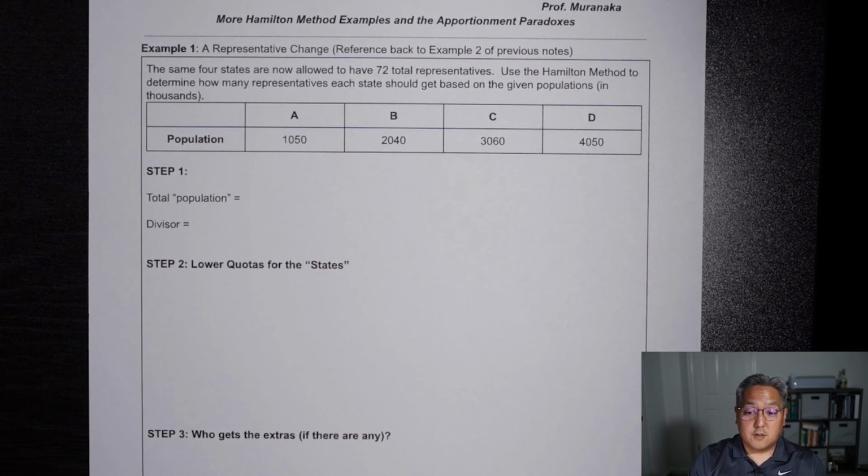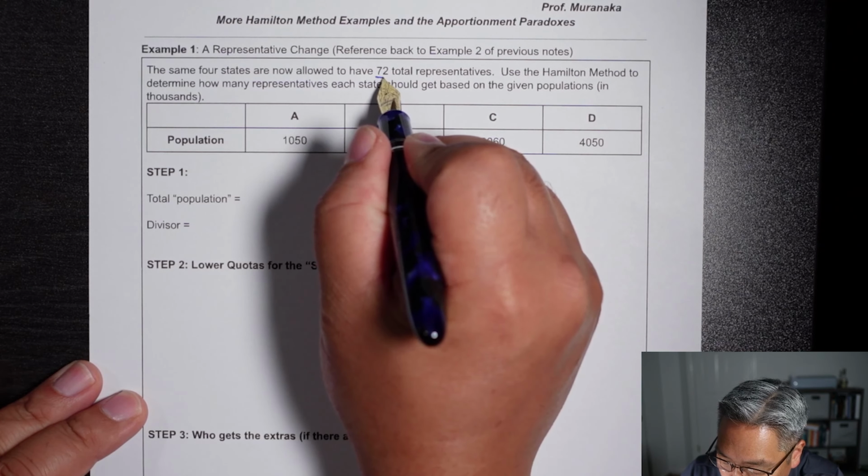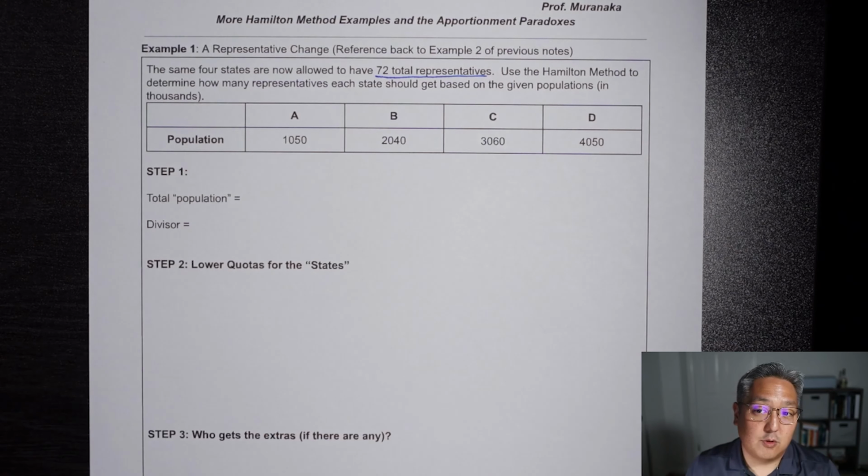All right, so we're going to jump in and take on our first additional example of the Hamilton method. This one is very similar to an example we had last time, example 2 from the previous video. All that's changed is that we now have 72 total representatives.